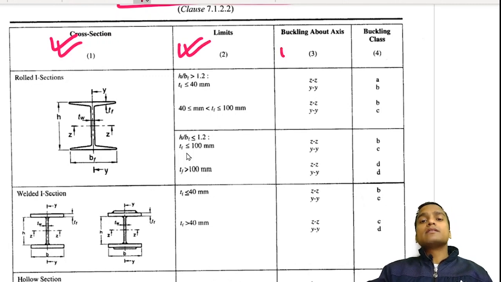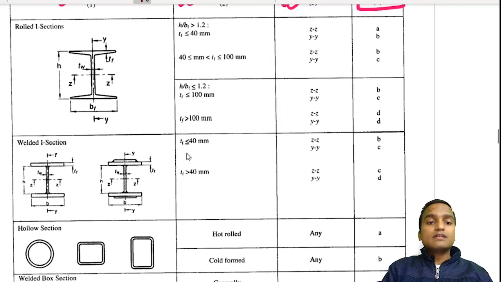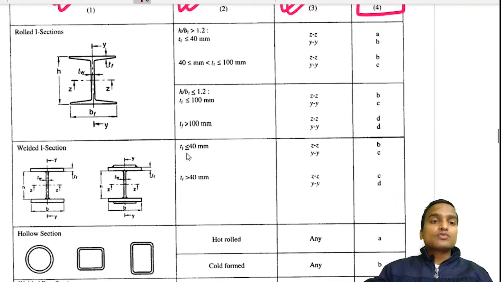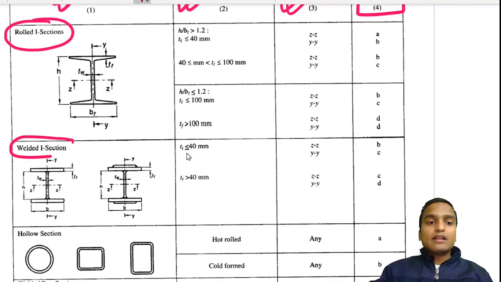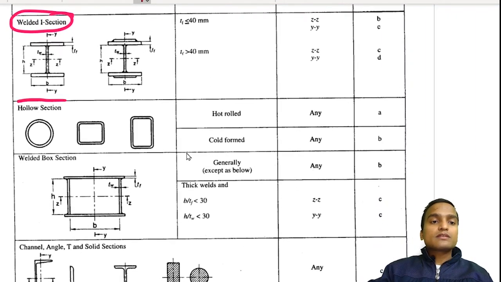Column 3 is about the axis along which the buckling is occurring. Then we can get the buckling class in column 4. In the first column you can see different cross sections. This is about the rolled I section, then there is the welded I section, and then there is the hollow section.